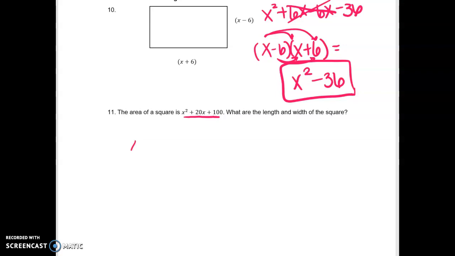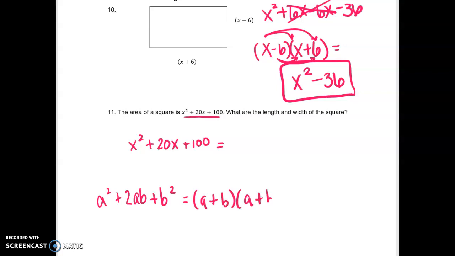So we need to find the same two factors multiplied together, and that would be the length and the width, because all sides of a square are the same. Well, this happens to be a perfect square trinomial because if we had, again, a squared plus 2ab plus b squared, and let me write that out again so you guys are reminded what that looks like.